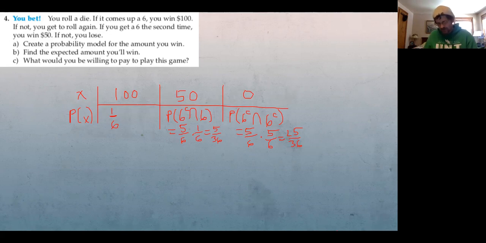Let's find the expected value. You already know, go into your lists, and we have new outcomes to plug in. So I got 100, 50, and 0. And now for my probabilities, I'm just going to put in 1 divided by 6, and it'll do the math for me. And 5 divided by 36.